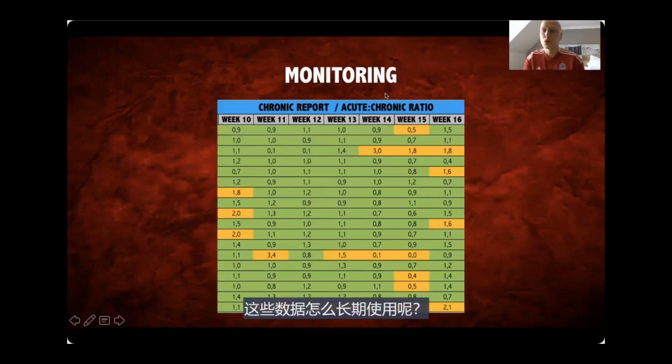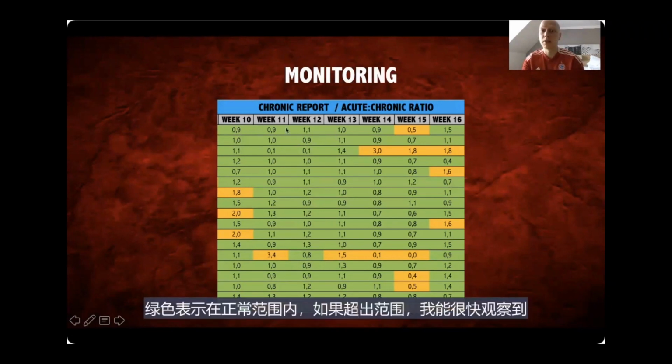And then what I do in the long run, I have values for, here are the names of my players that I erased, okay? And then I go from week to week and I look at what is happening with the values of my players, if we are keeping them in the green zone or for some reason we go outside of this zone, and the reason why it happens, I always know.